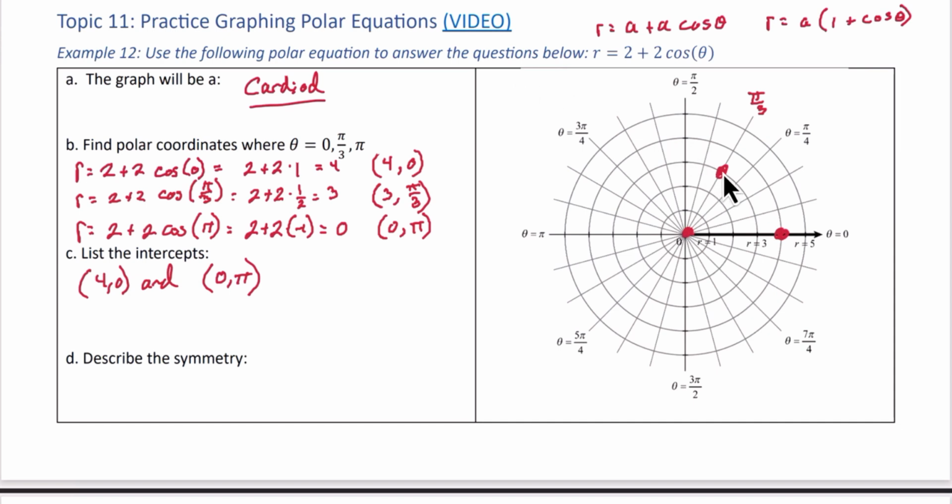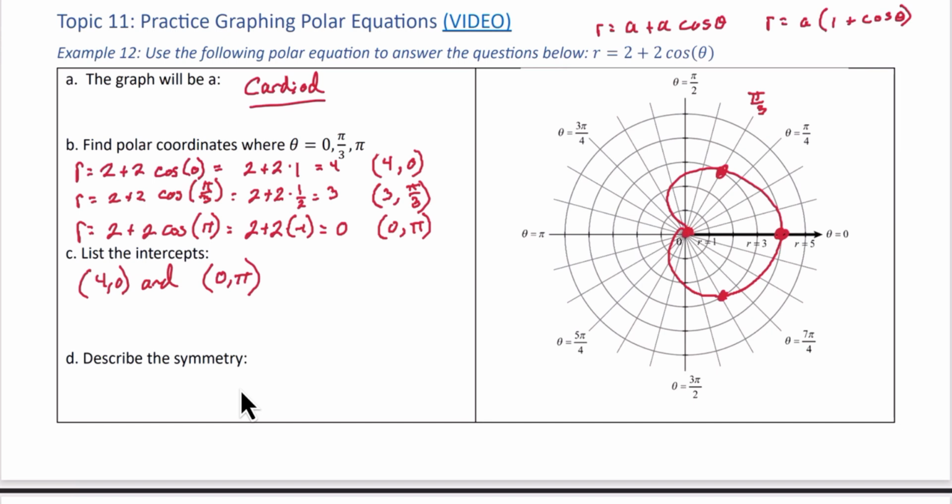That means if this point is up here, we're going to have a point down here as well. And from here we can get a quick sketch of our cardioid. If we wanted more points, again, we could certainly get more points by plugging in some more values for theta, but with what we're dealing with, we've got enough.